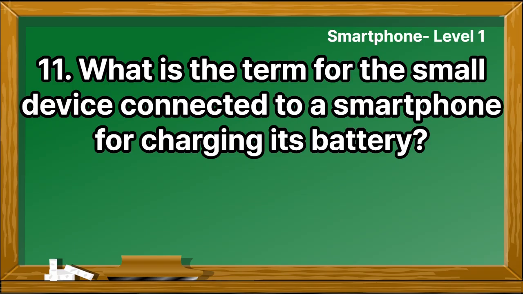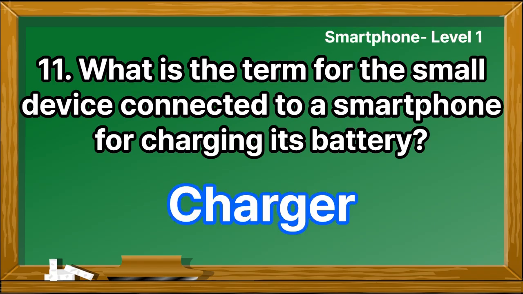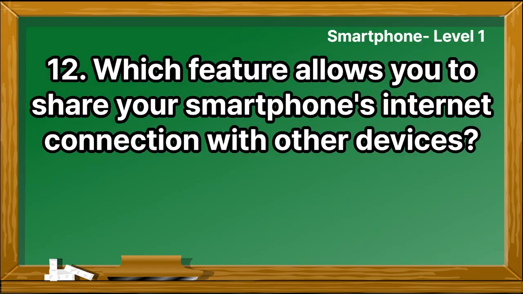What is the term for the small device connected to a smartphone for charging its battery? Charger. Which feature allows you to share your smartphone's internet connection with other devices?